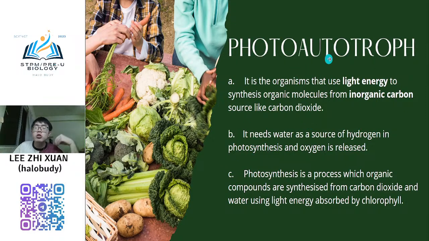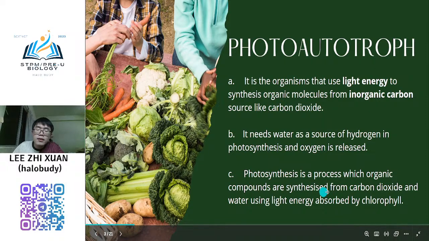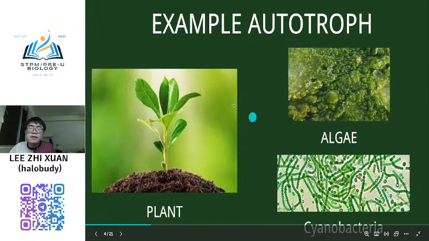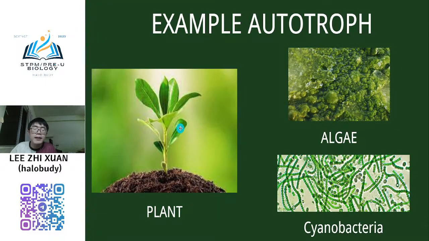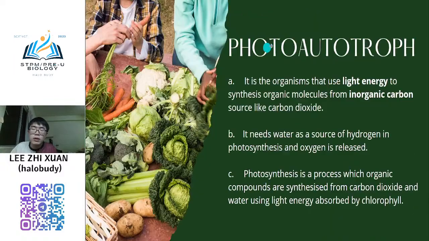So normally photoautotroph requires water as a hydrogen source in photosynthesis and oxygen is released. So it will release oxygen lah. And then photosynthesis is the process of synthesis from carbon dioxide and water using the light energy absorbed by chlorophyll. So the main example is plant. Plant is an example of the photoautotroph.